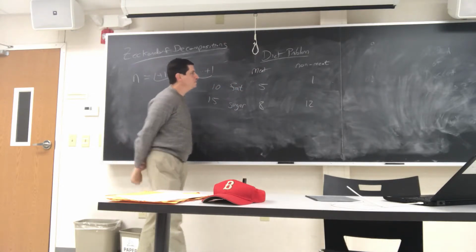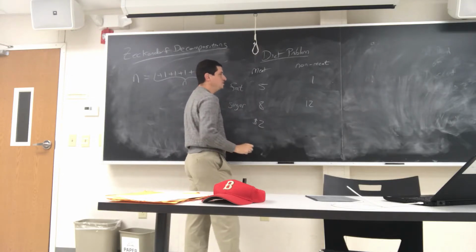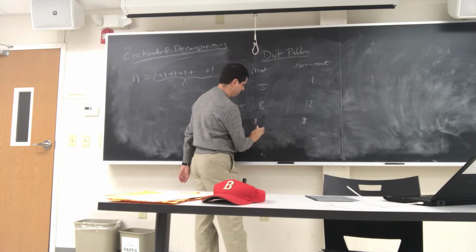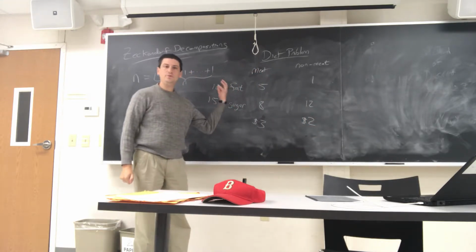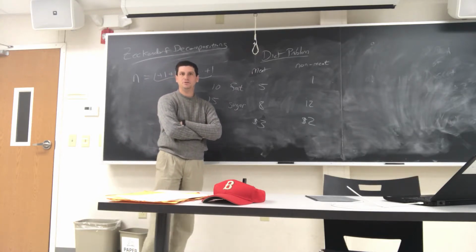And we'll make the meat $3 a unit, and the non-meat $2 a unit. So the question becomes, what is the diet that will keep you alive for the cheapest amount?